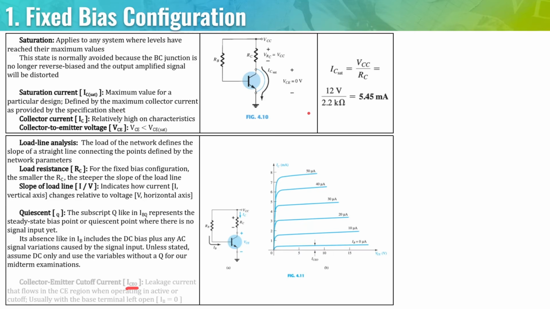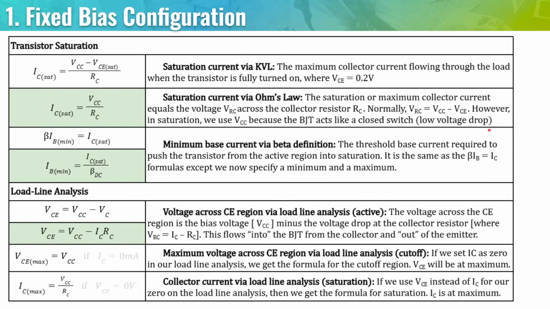Now the fixed bias configuration has the same rules of saturation as the amplifier circuit we had last video. So it's still VCC over RC because VCE is assumed to be 0. You can take a look at this slide if you want to refresh yourself. For transistor saturation, the maximum collector current flowing through the load when the transistor is fully turned on, where VCE is equal to 0.2 volts or just assumed to be 0.